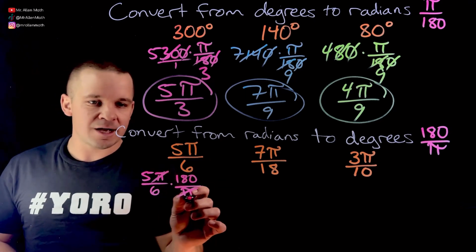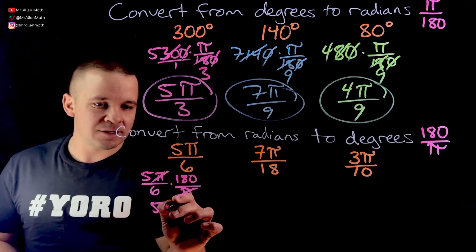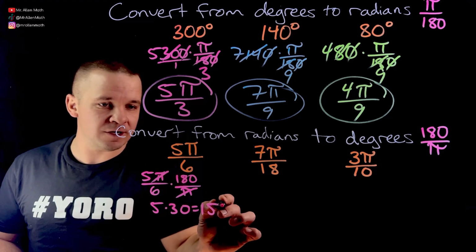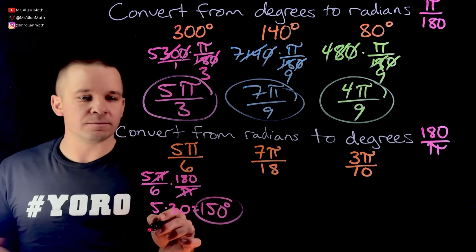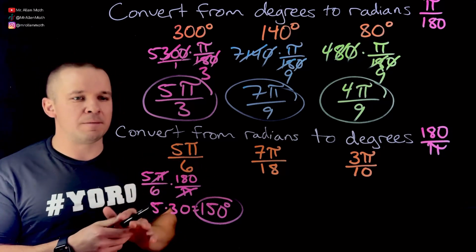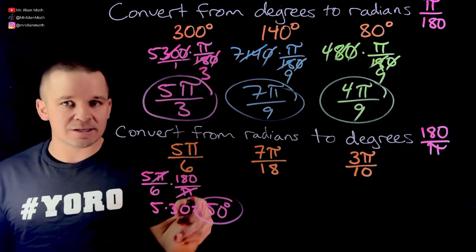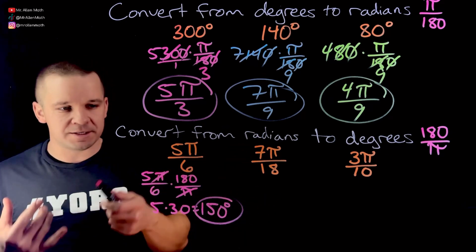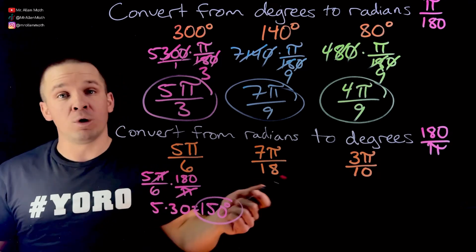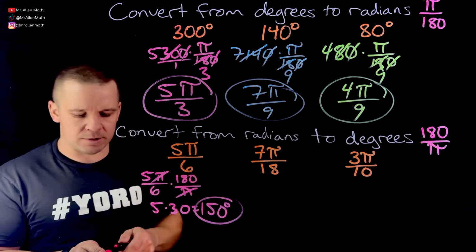So that means that I'm going to have 5 times 30, which is equal to 150 degrees. Boom. All right, so we're trying to work with some smaller numbers, but still be able to do the math, right? 18 divided by 6 is 3, so 180 divided by 6 is 30. Times 5 gives me 15 or 150, depending on where you're at with those numbers, all right?